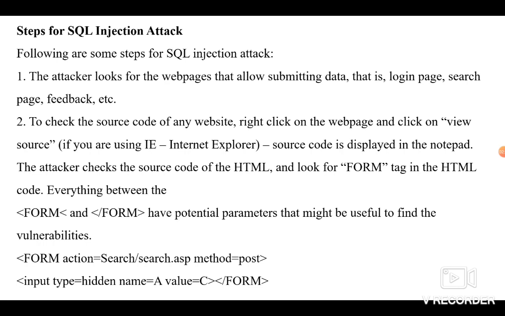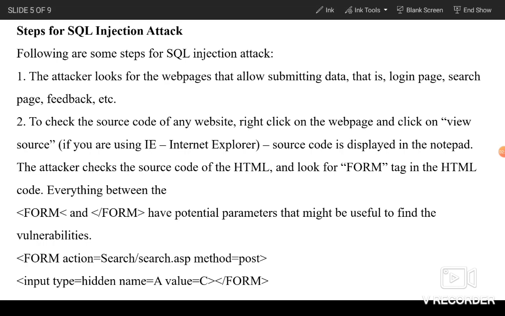We have several steps. First, the attacker looks for web pages that allow submitting data, like a login page, search page, feedback, etc., because they communicate with SQL databases. So the web pages that use SQL databases are selected by the attacker.